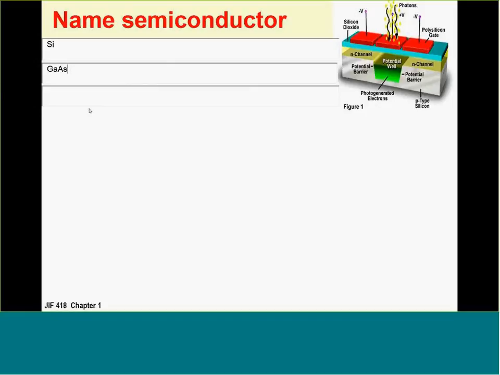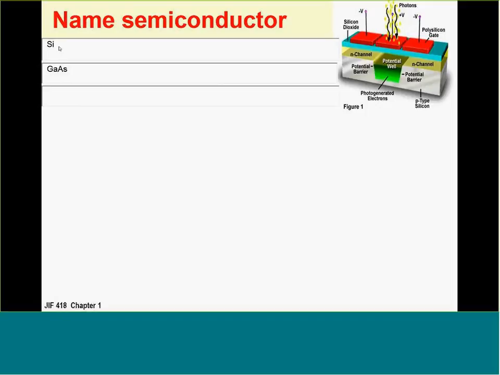And also some other examples, but the thing is, if you look at the name, you can have some idea now if you know how to classify it. Silicon, if you look here, has only one element, but gallium arsenide has two elements.